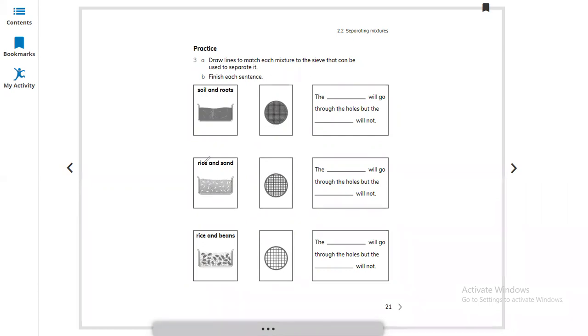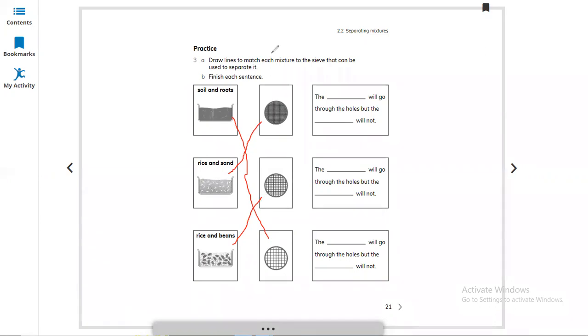So which one is for which purpose? Rice and beans, we can use this one. And rice and sand, this one for the smallest one, and this one for soil and roots.